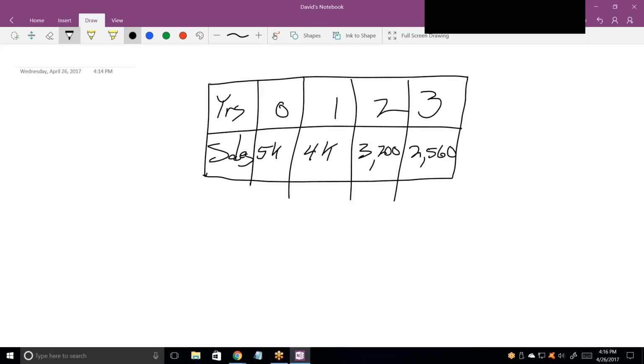And basically, we have to write the equation of the function that models the data.